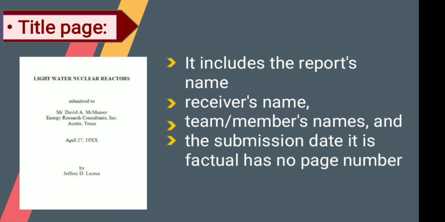A key characteristic is that it is purely factual and does not contain a page number, although it is counted in the overall page count of the document. Its primary function is to provide immediate context and ownership details to the readers.